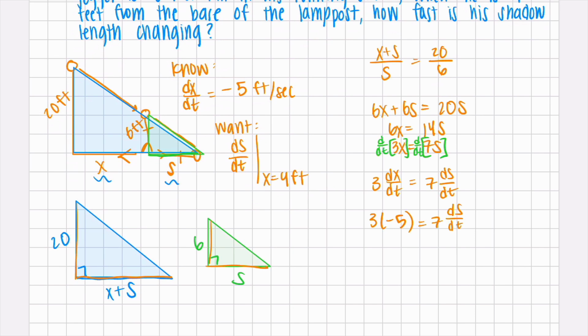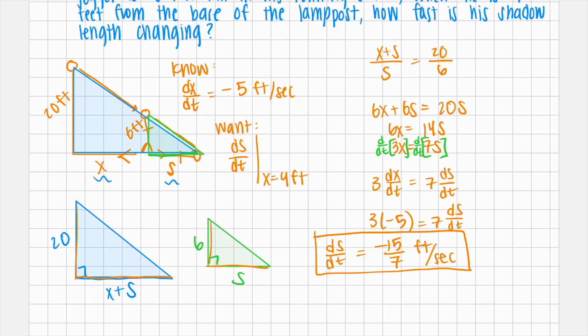Notice we didn't need to plug in x equals 4. That's okay. I get negative 15 over 7 is my ds/dt. And those units, s is in feet, length of my shadow. t is time, which is seconds. And there's that answer.